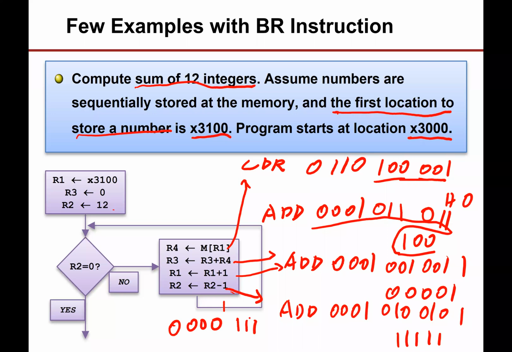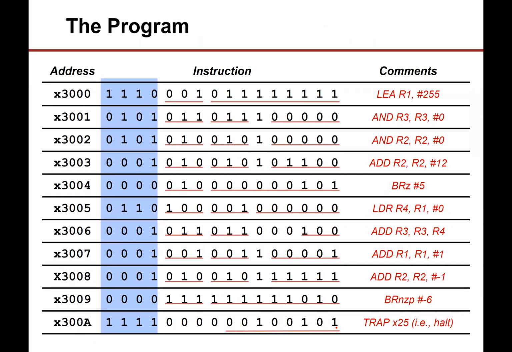So NZP are all set to 1. And then the PC offset. So first, for this one, is the PC offset we have calculated, right?